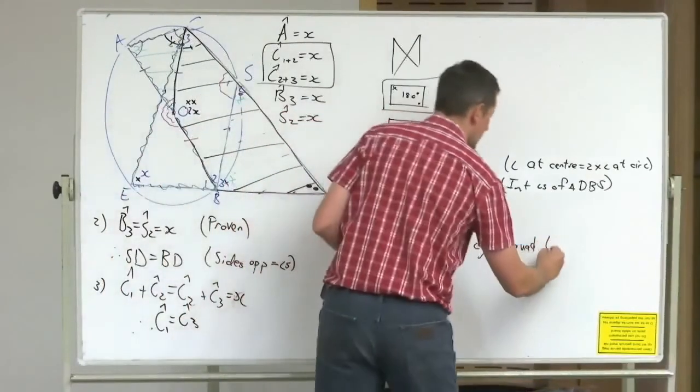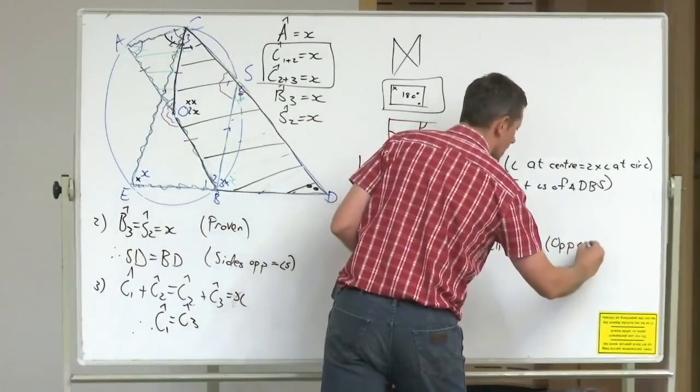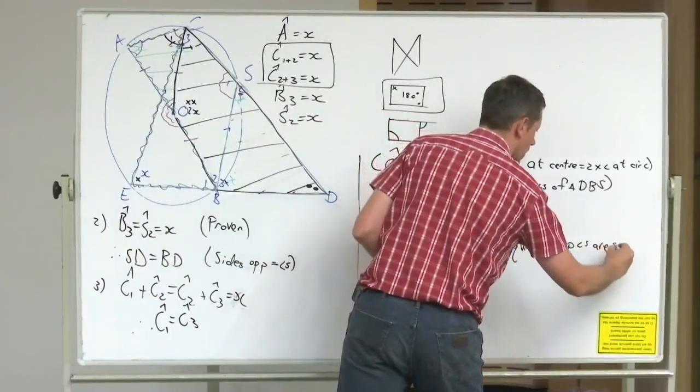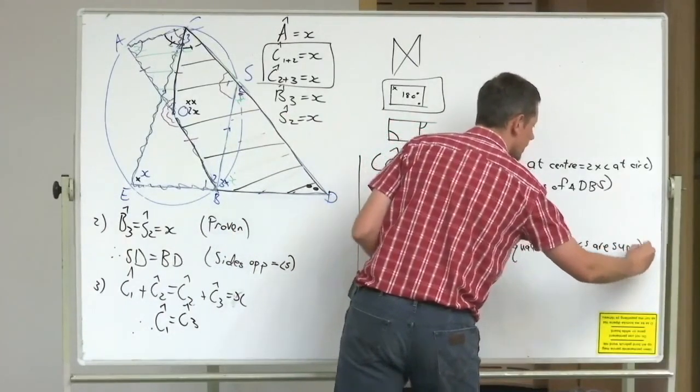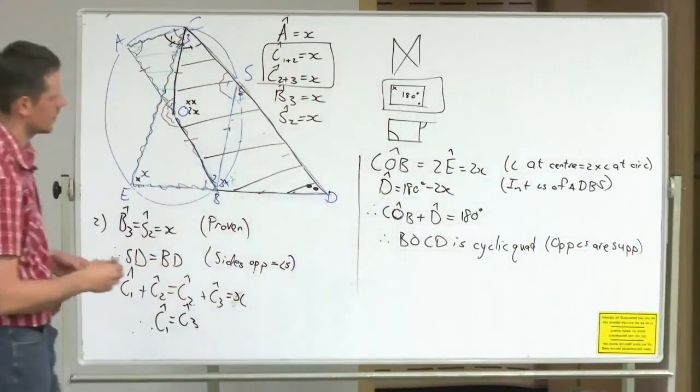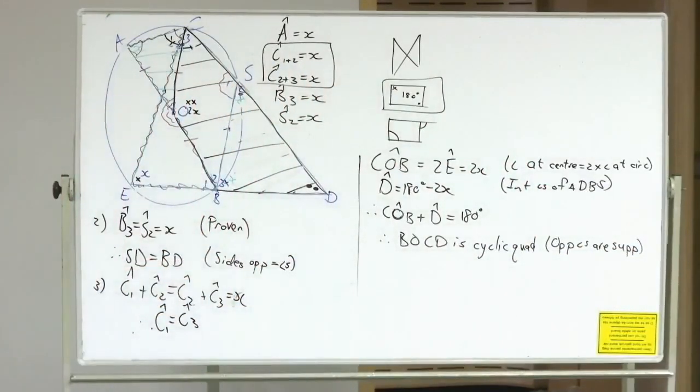Why? Because the opposite angles are supplementary. Again, it wouldn't be my first option to look at opposite angle supplementary. But because the other two options don't work out, I look at this one.